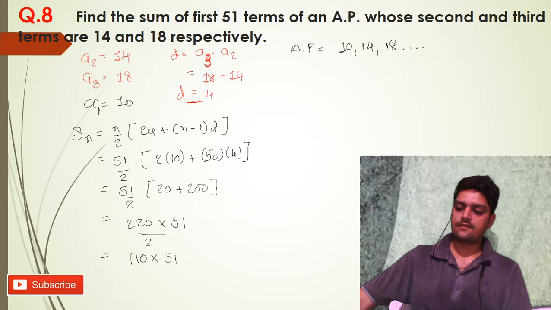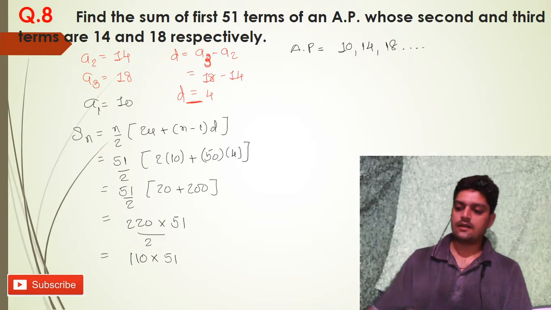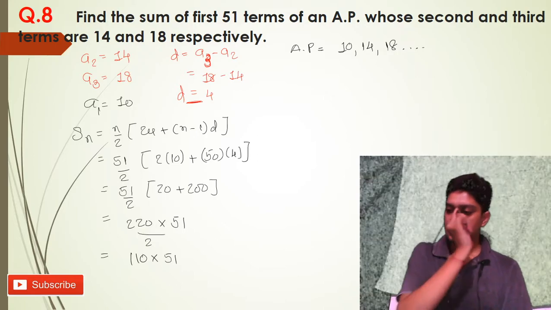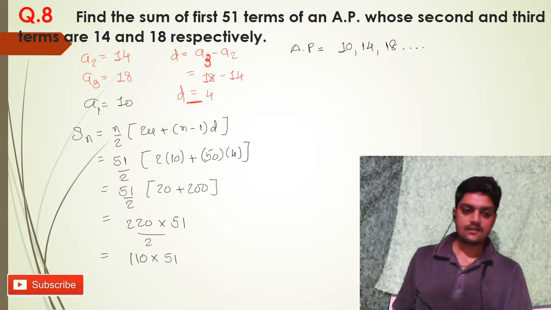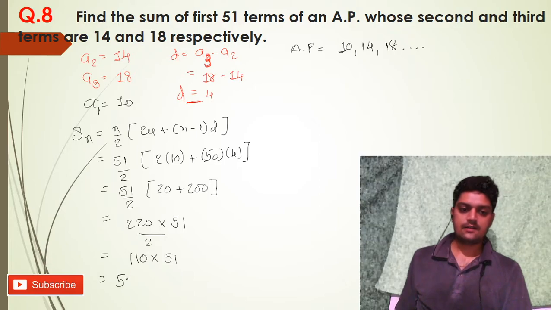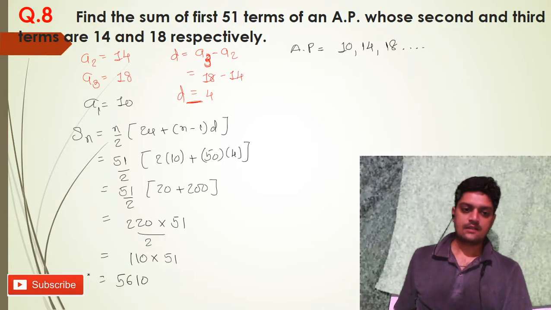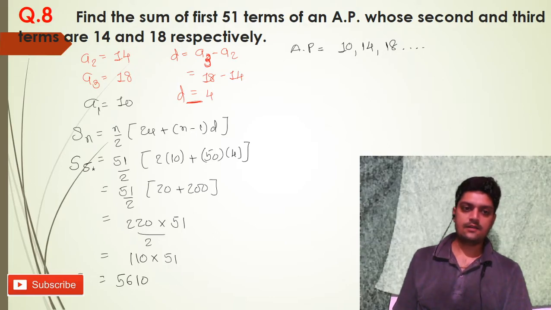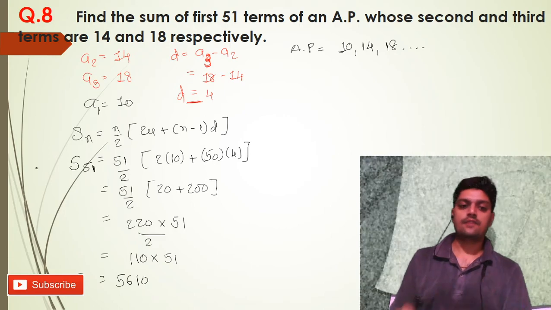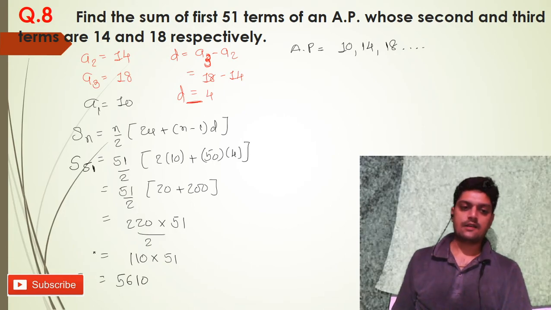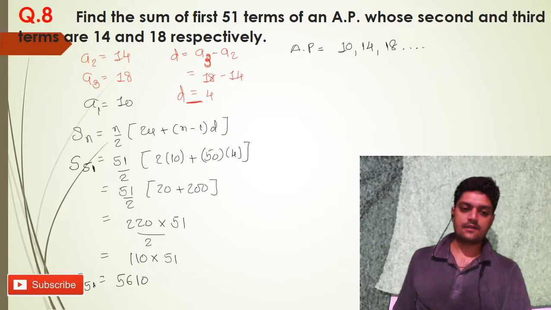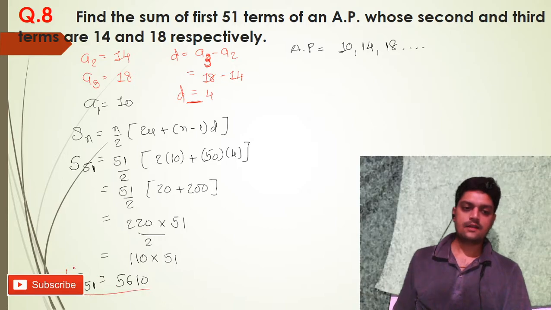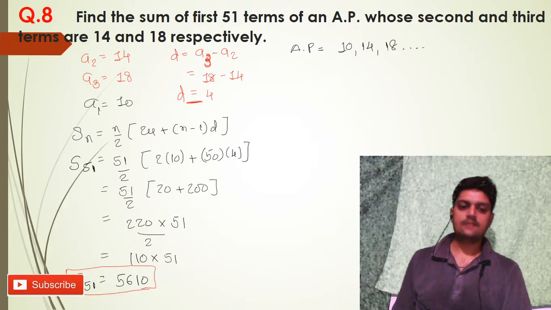So you have to find 51 into 110. What will come? 5610. So your answer is 5610. Here you have to write S51, because this is the sum of 51 terms. So S51 is equal to 5610.